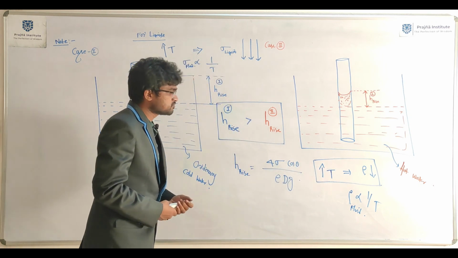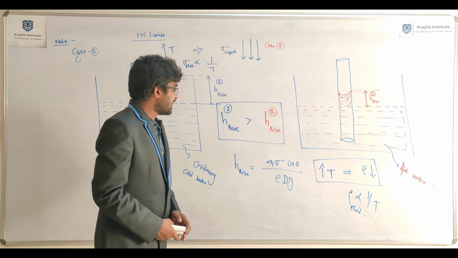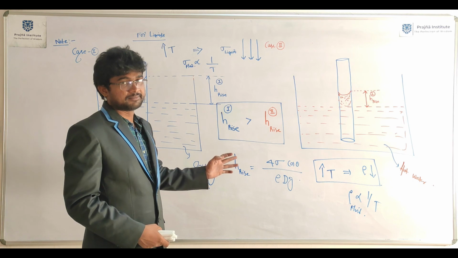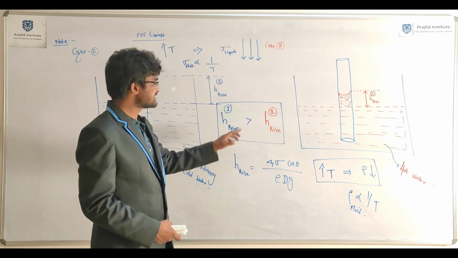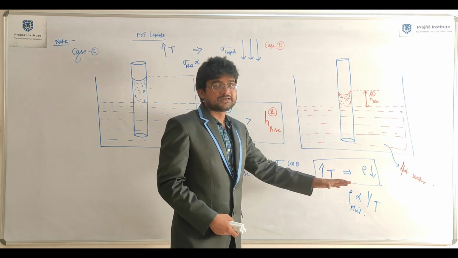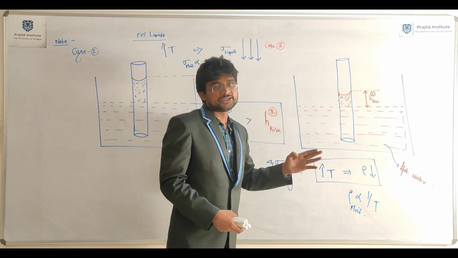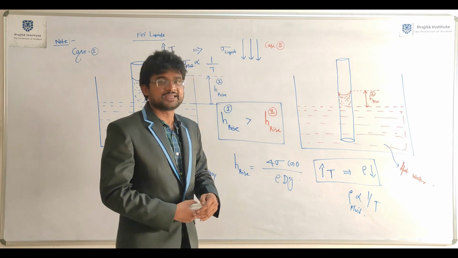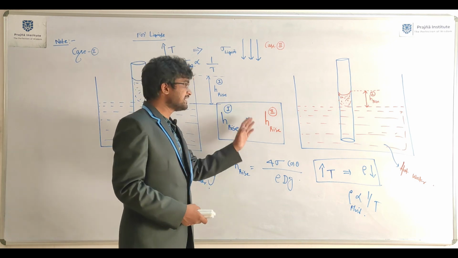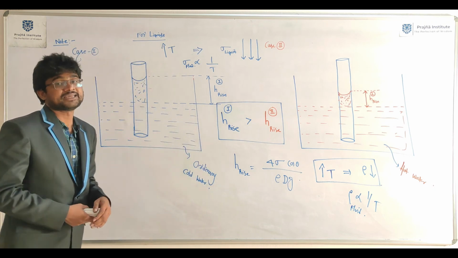That is why we can conclude that the rise of the ordinary cold water column in the capillary tube is greater than the rise of the hot water column in the capillary tube. So here H rise in the first case will be greater than H rise in the second case.